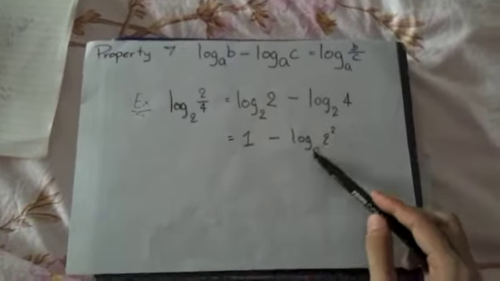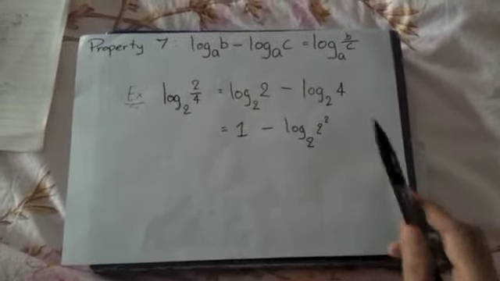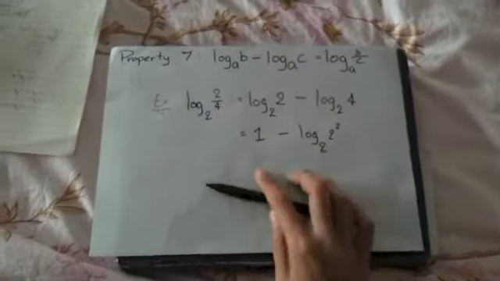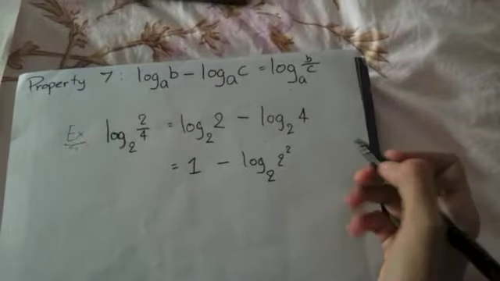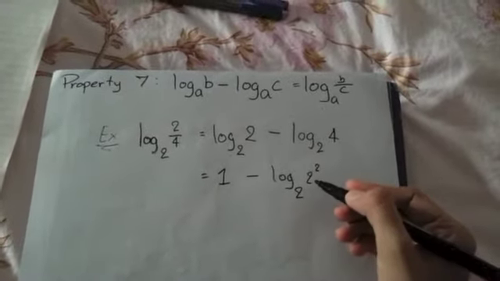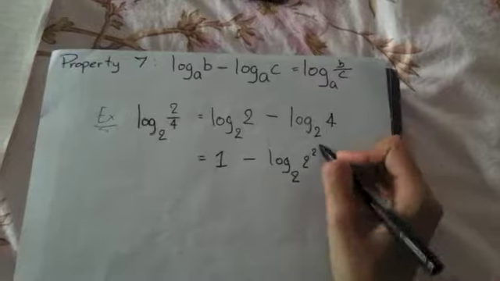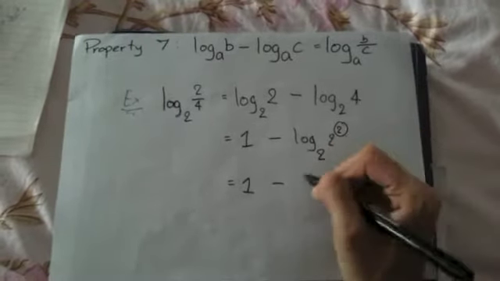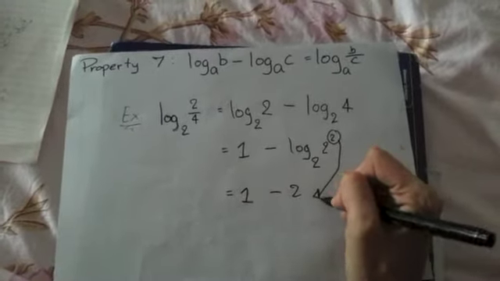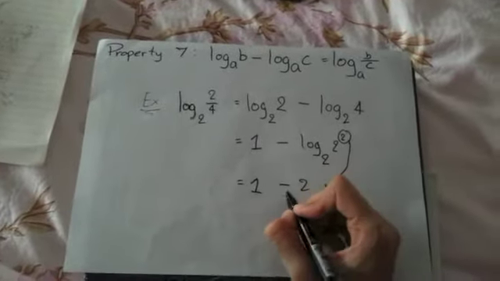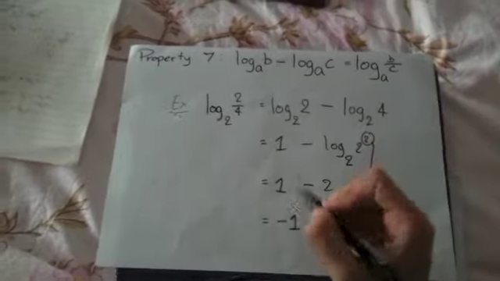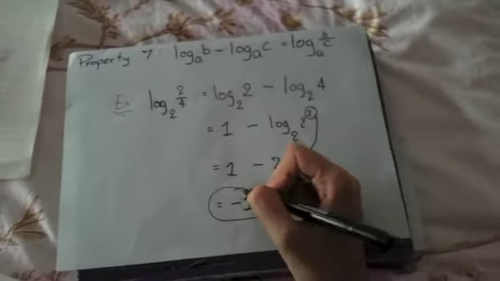As you've learned, if the number and the base are the same, you just get the power. So it's gonna be 1 minus 2. Bring that down there. So 1 minus 2 is equal to -1. Yeah, so this is the answer.